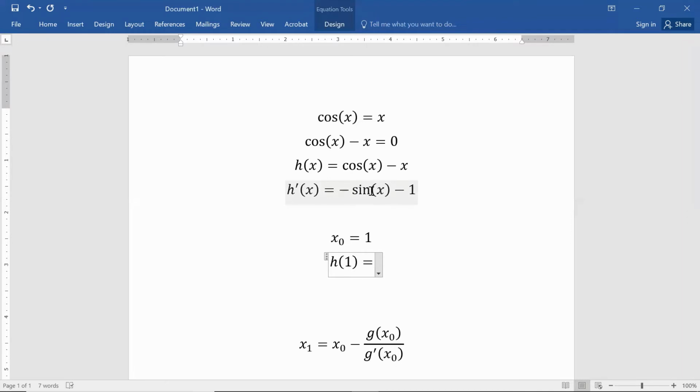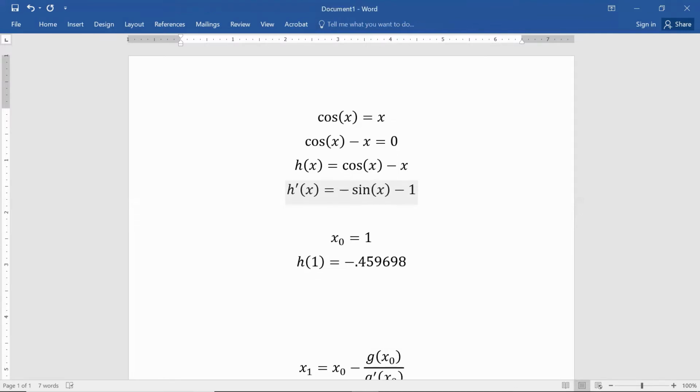So let's go ahead. Cosine of 1 minus 1 is negative 0.459698. That's rounding to 6 decimal places. If I plug in 1 into the derivative, negative sine of 1 minus 1 is negative 1.841471.